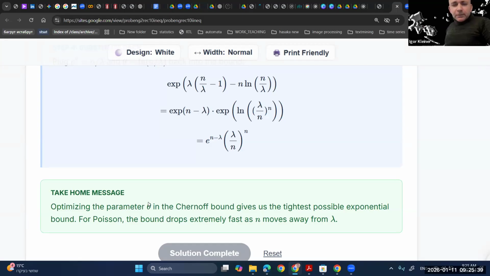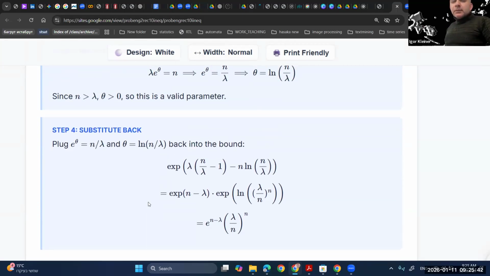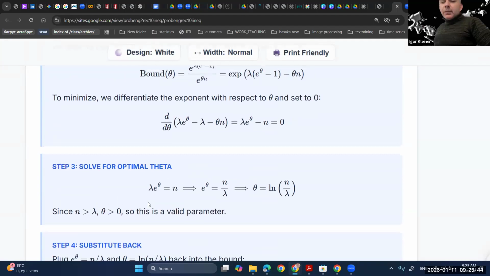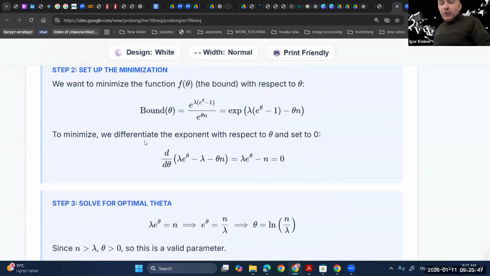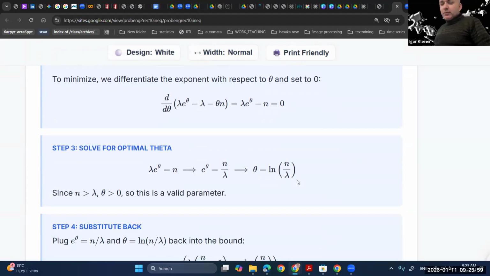To minimize it, you need to find the derivative, set the derivative of the expression equal to 0, and solve for theta. And in general, you need to check the second derivative, because probably it's not a minimum, probably it's a maximum.